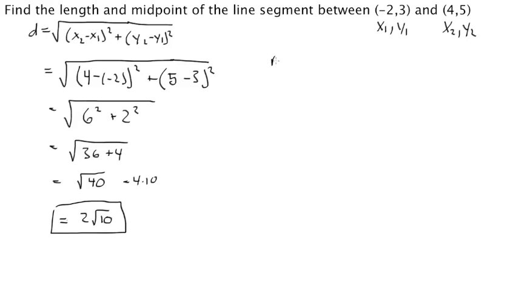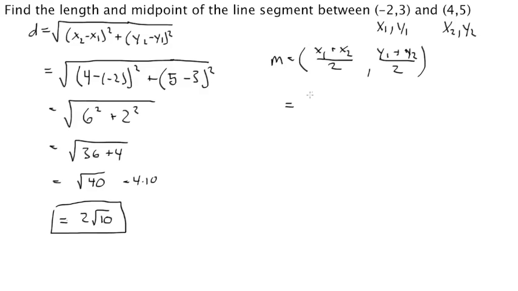For the midpoint, again, go ahead and write out the equation if you have time. So here it's just going to be the average of your x values, the average of your y values. So one common mistake here is with our distance formula, remember that we subtract these, but with the midpoint formula we add them.